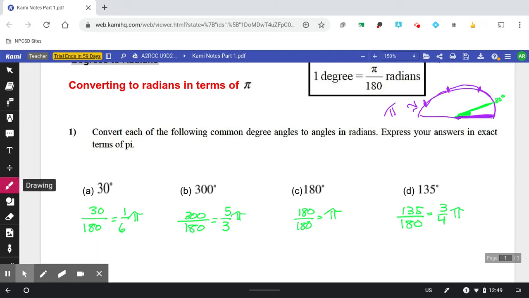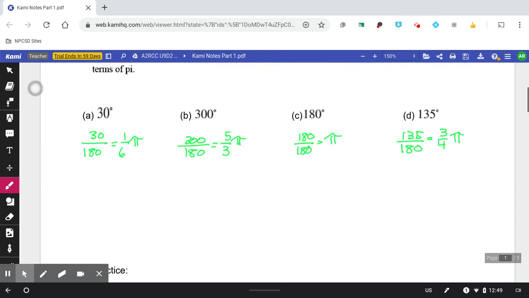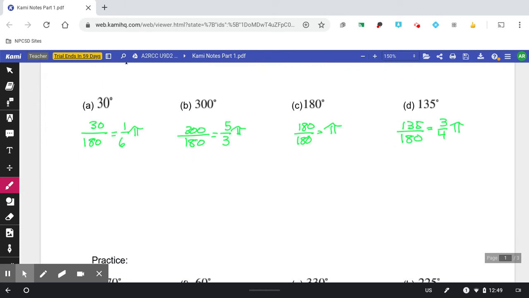All right, so say we go back to this 30 degrees, okay, and we say, all right, well, we know that 1 degree is equal to pi radians. Well, actually, 1 degree is pi over 180 radians. Okay, and where do we get that from?